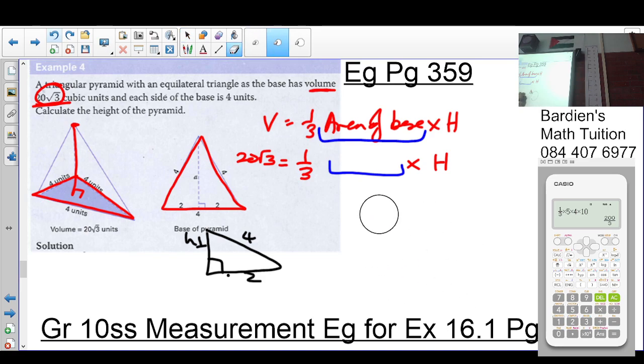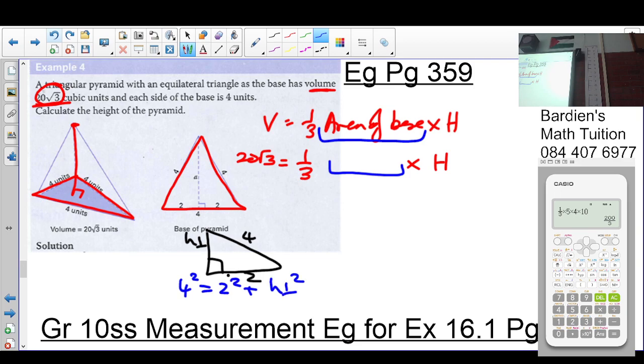So let's apply Pythagoras. 4 squared is equal to 2 squared plus your perpendicular height squared. Or you could have said 4 squared minus 2 squared equals the perpendicular height squared. The same thing. That's going to give you 16 minus 4, which is 12.